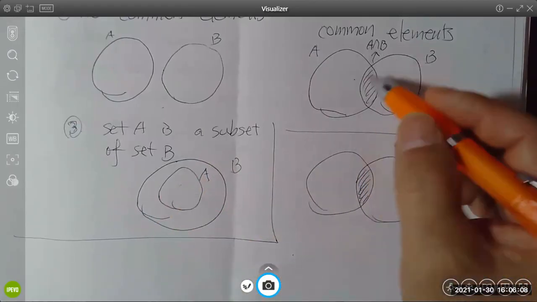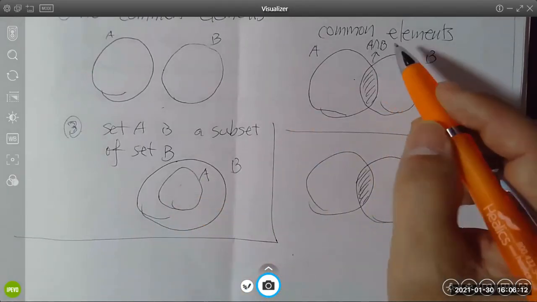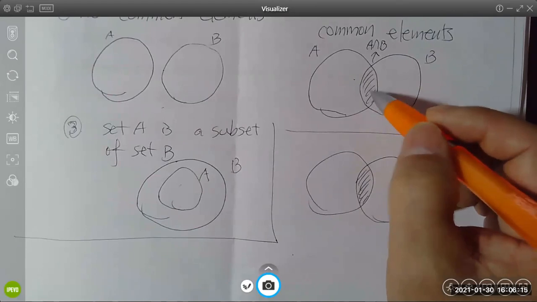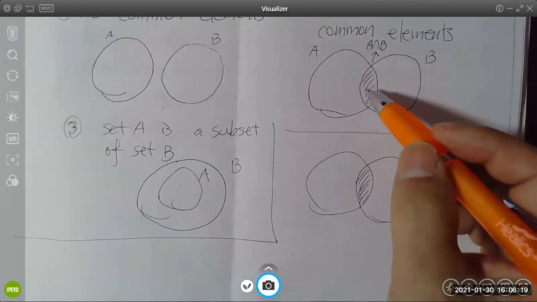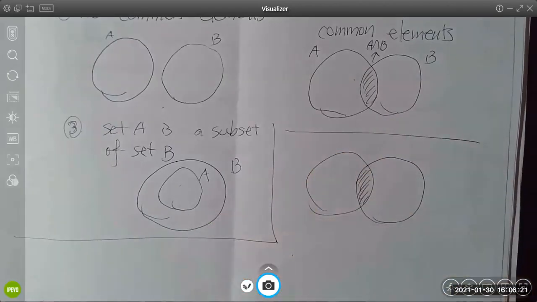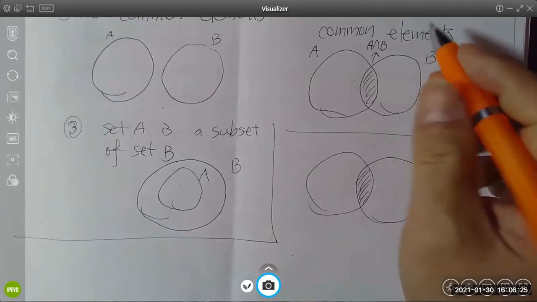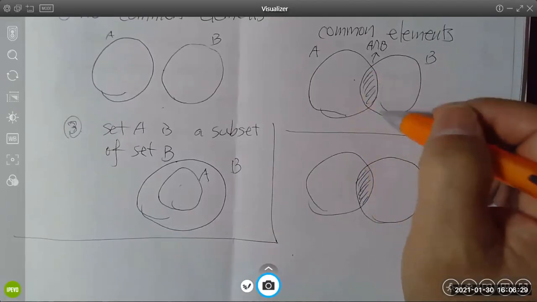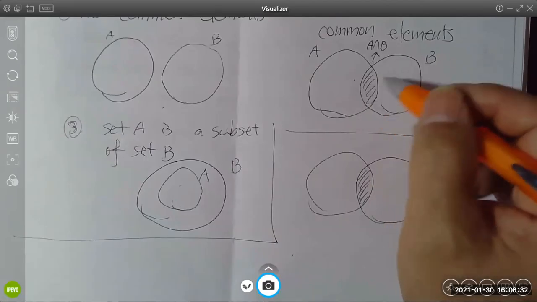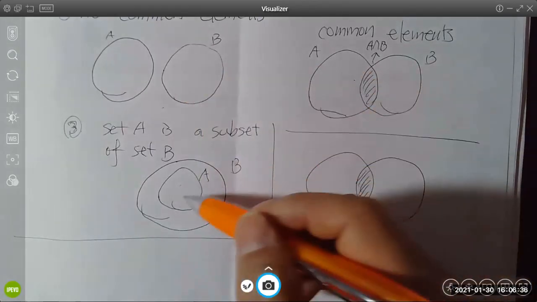And this drawing can also represent this scenario. So in case it is this scenario, think about that. If all of the elements of A are in this area, that means everything in A is also in B. This drawing can also represent this scenario. It depends on where you put those elements. So in other words, this partially overlapped pair of circles can be used to represent all of the three scenarios.